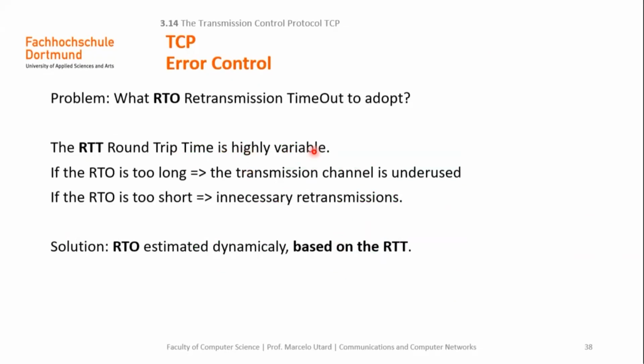If the retransmission timeout is too long, then the transmission channel is underused, because we need to wait for the expiration of the retransmission timeout to retransmit the segment that could be lost in transit across the network.